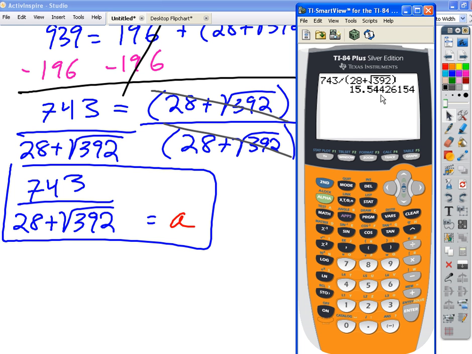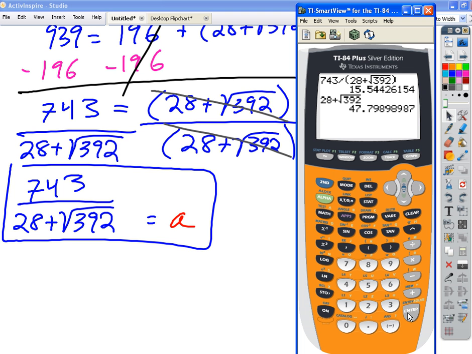There's another way to do that too. If you don't want to do it as one big calculation, you don't have to. I could just figure out what the number is on the bottom, for example, on my calculator, but not round it. So I could just do 28 plus the square root of 392, hit enter, and get this number.